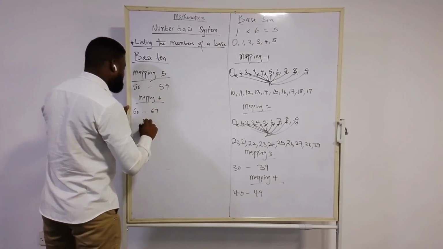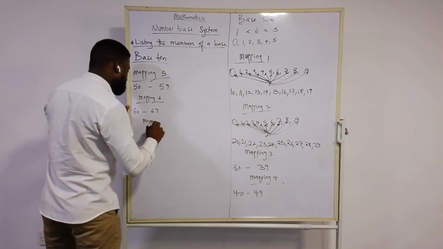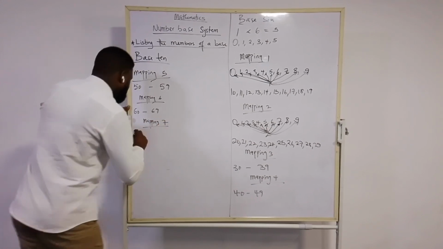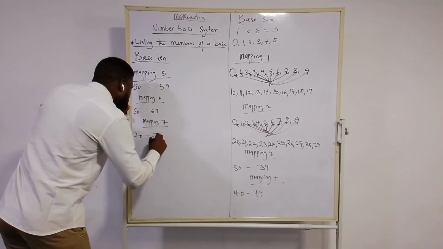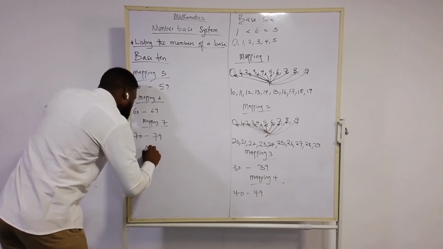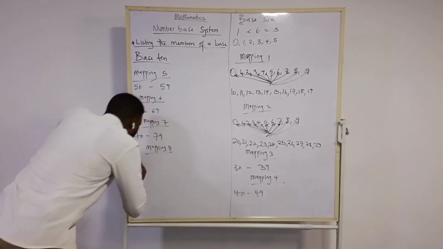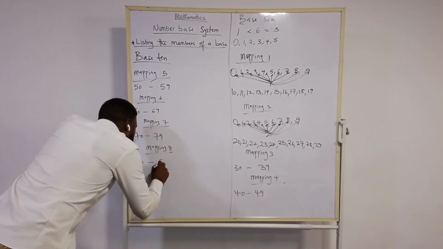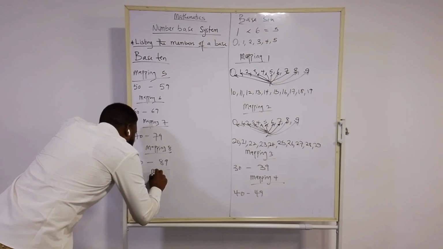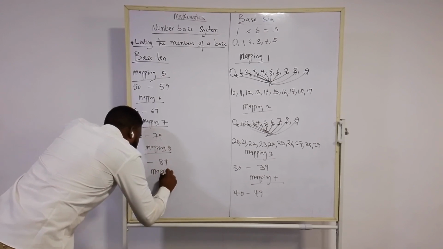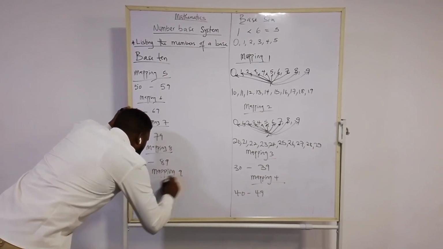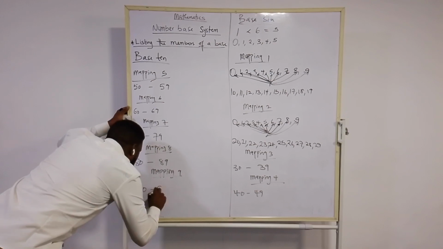When you map 7, we would get 70 to 79. Mapping 8, we would get 80 to 89. Mapping 9, we would get 90 to 99.